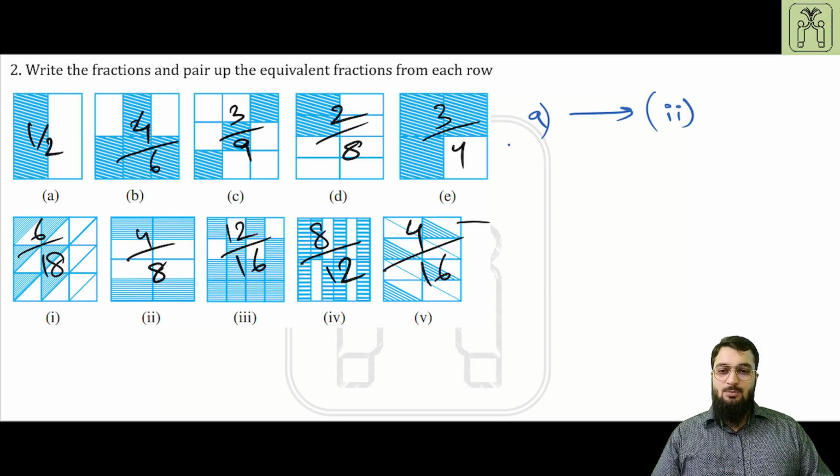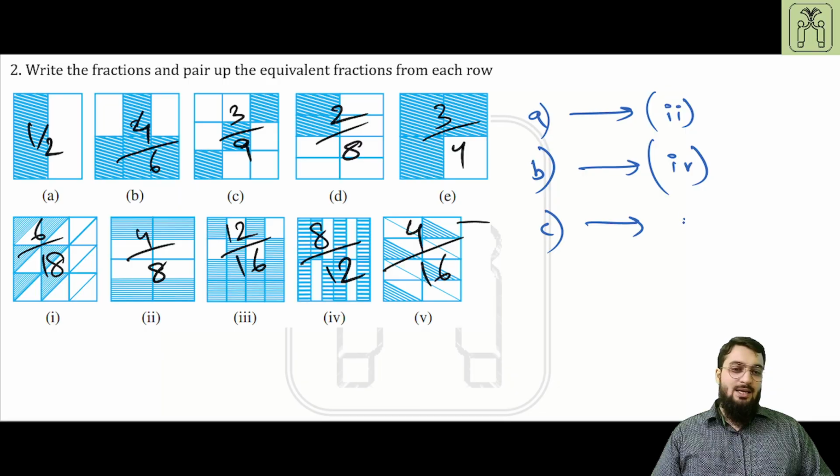If you see 4 upon 6, so that is 2 upon 3. 4 upon 6 can be written as 2 upon 3, and 2 upon 3 can be got from 8 upon 12, that is, if the common factor is 4, you will get 2 upon 3. So B will be equivalent to 4. Coming to 3 upon 9, so it will be 1 upon 3, and 1 upon 3 can be seen in the part 1, second row, part 1.